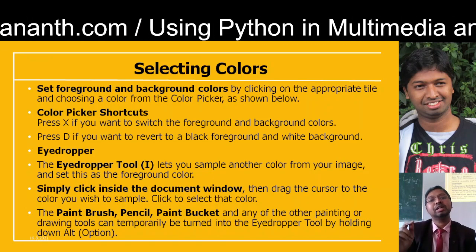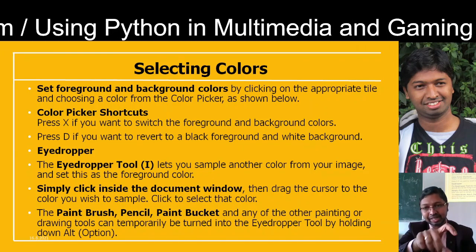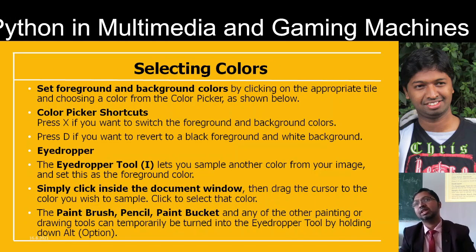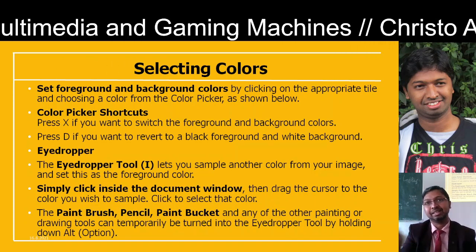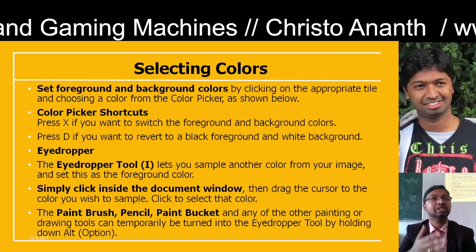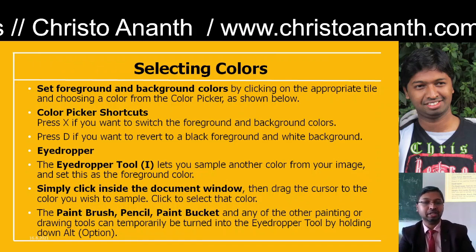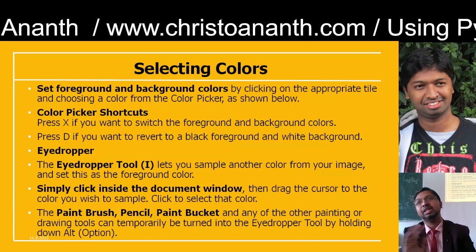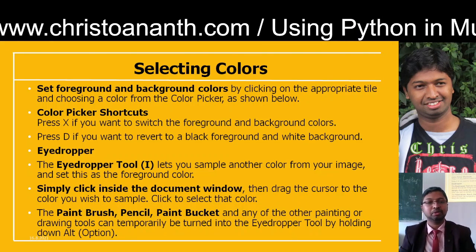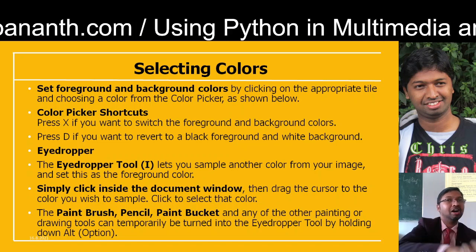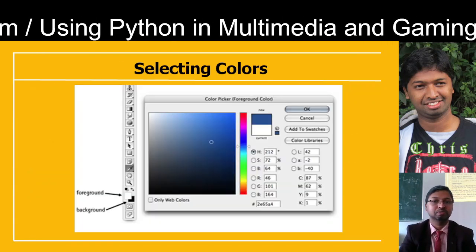You can simply click inside the document window, drag the cursor to the color that you wish to sample, and click to select that color. The paintbrush, pencil, paint bucket, and any other painting or drawing tools can be temporarily turned into the eyedropper tool by holding down Alt, or Option on a Mac.